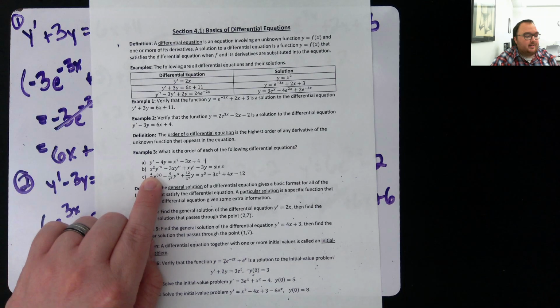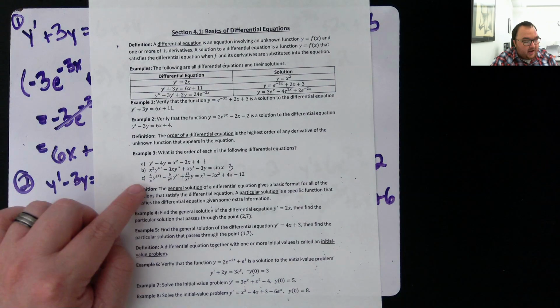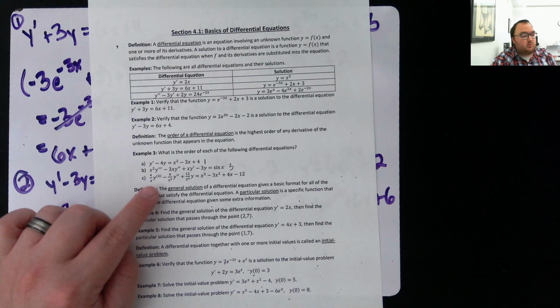The highest order of prime I have there is y triple prime, so the order is 3. Easy enough. For part C, I have 4 over x times y fourth derivative minus 6 over x squared y double prime plus 12 over x to the fourth y equals x cubed minus 3x squared plus 4x minus 12. The highest one there is y fourth derivative, so the order is 4.